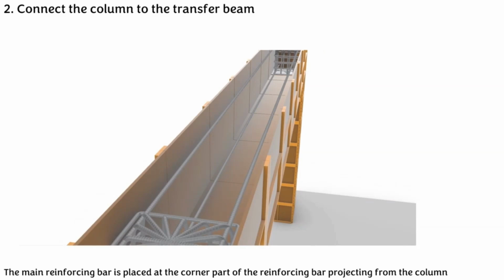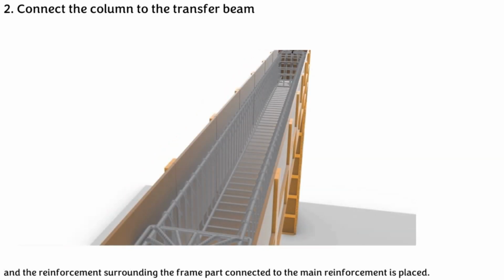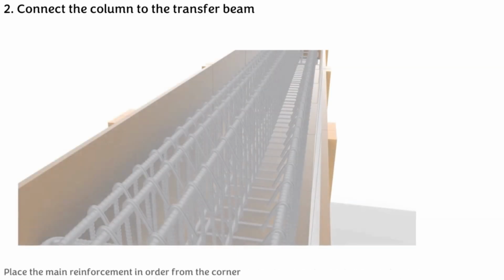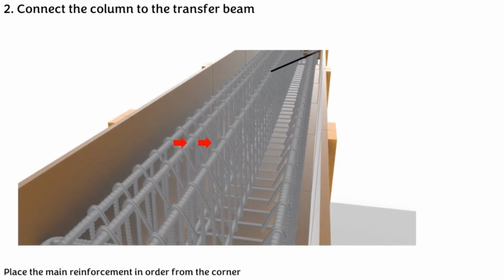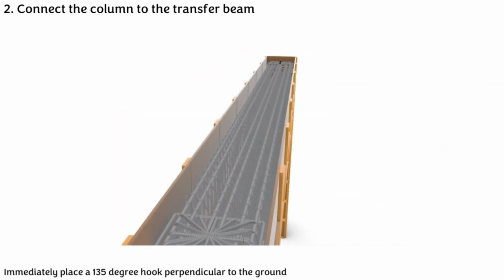part of the reinforcing bar projecting from the column in advance, and the reinforcement surrounding the frame part connected to the main reinforcement is placed. We place the main reinforcement in order from the corner and immediately place a 135-degree hook perpendicular to the ground to fill the reinforcement one by one.